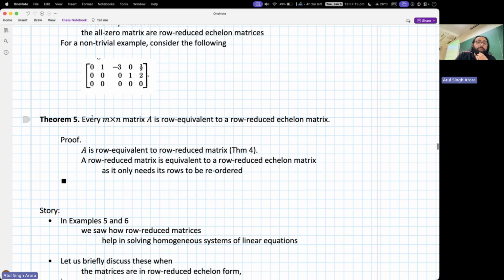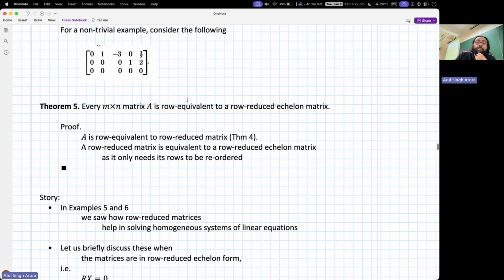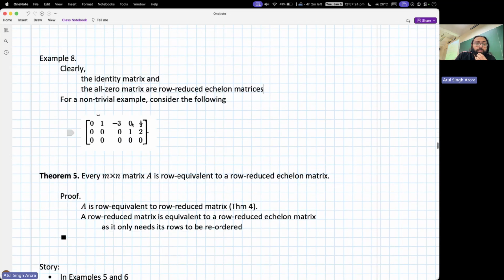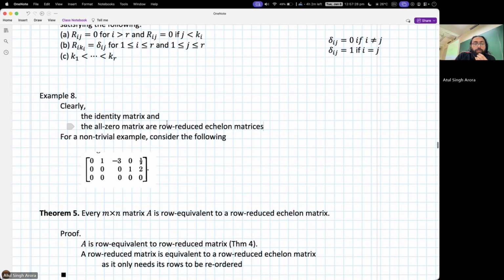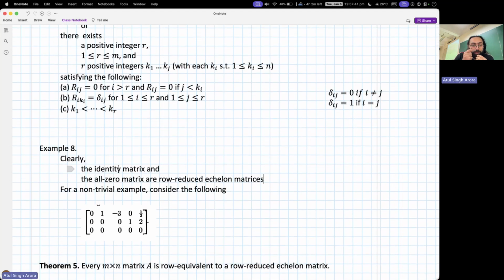So theorem 5 is saying the following. Oh, I forgot, here's a non-trivial example. Is this in the row reduced form?